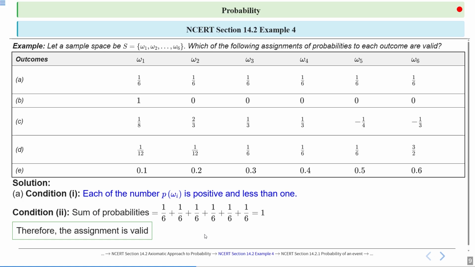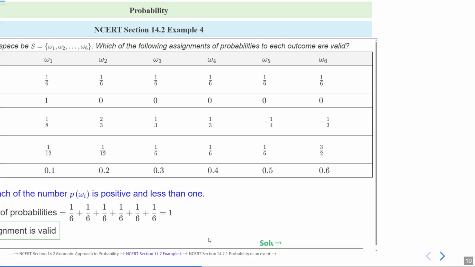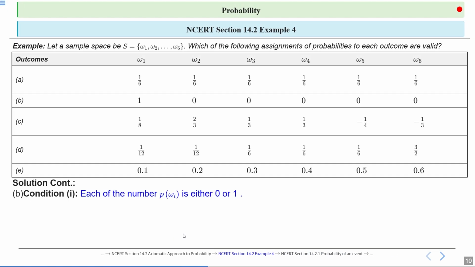Clear? So now we will check the second assignment, assignment B. See here, first check condition 1. In assignment B, you can see P of omega 1 is 1 and P of omega 2 equals P of omega 3 equals dot dot dot equals P of omega 6, all are 0.